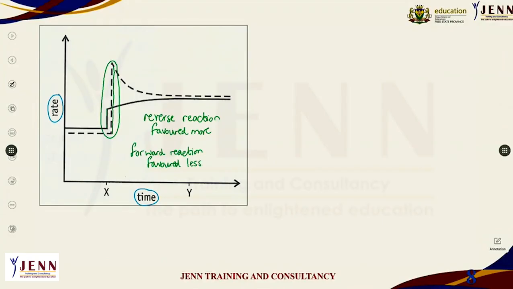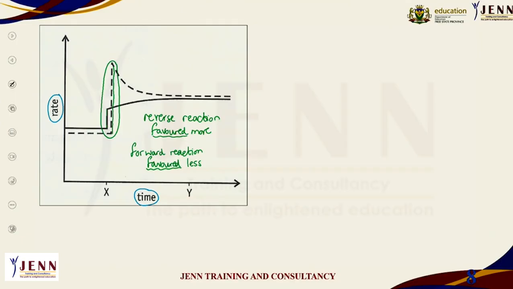Okay, but they were both favored, but the reverse one was favored more. If you look at the graph, you will see the dotted line goes up longer and the solid line also goes up, but not that much.